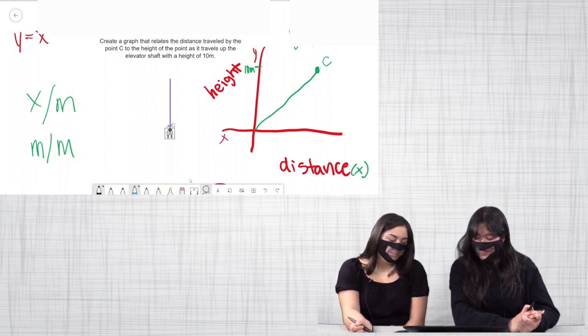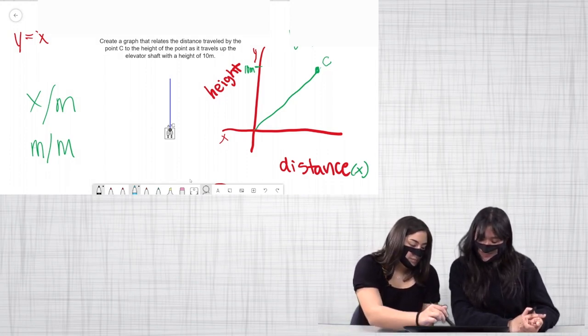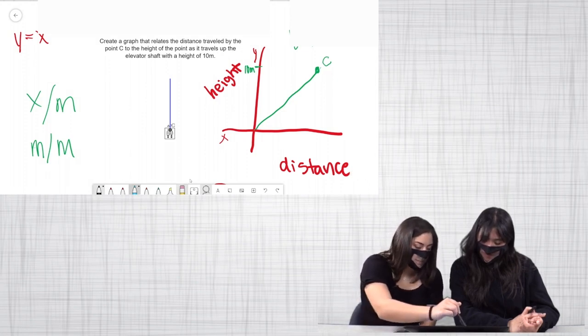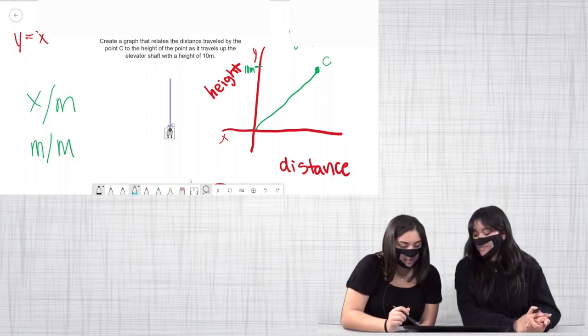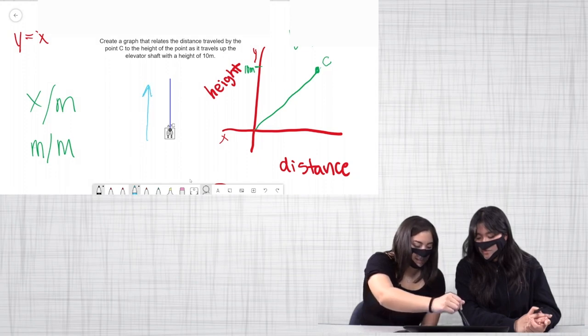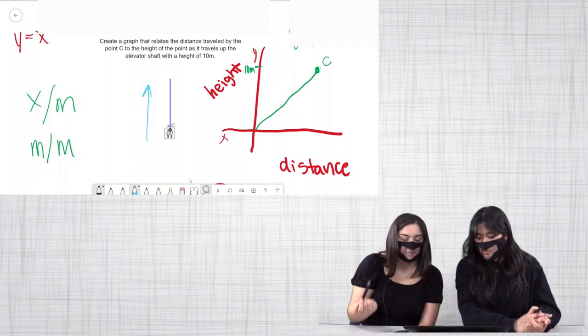Can you walk me through your discovery? After doing the moving walkway problem, we realized that even though the elevator is moving vertically, that's the same thing as length, just in a different direction.